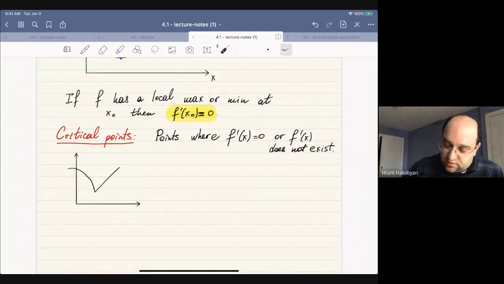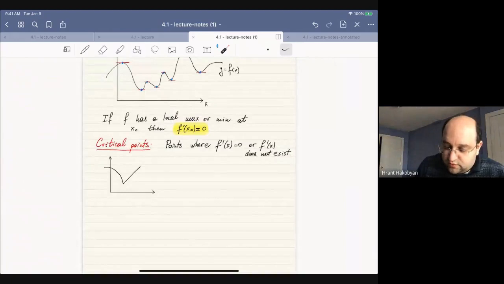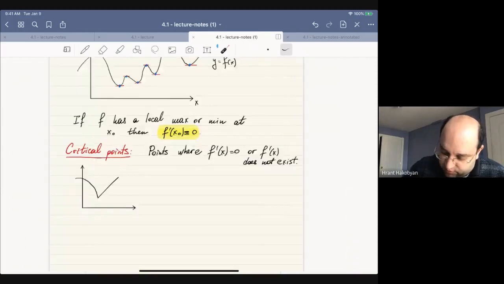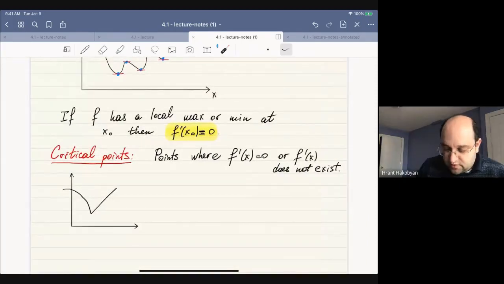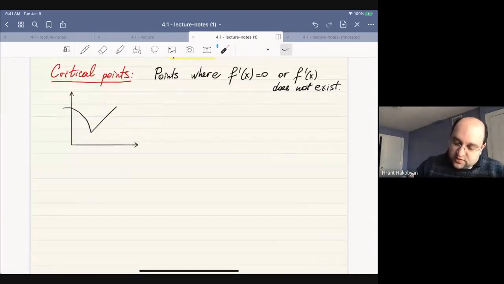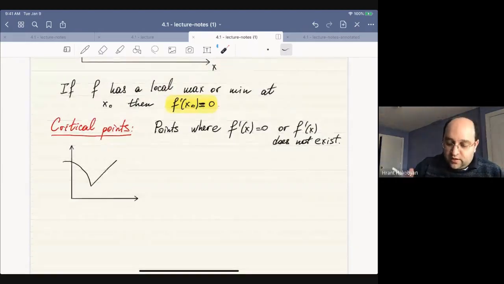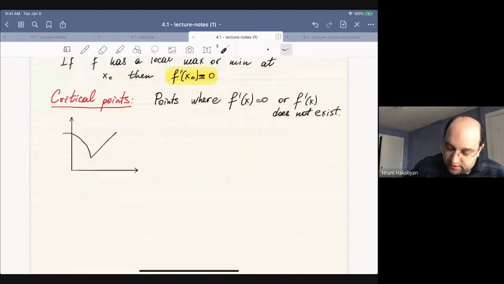So again, if we want to find the local maxima or minima, we have to find the places where the derivative is equal to 0. So first, find the critical points. Then let's look at what happens to the derivative on the right or on the left.